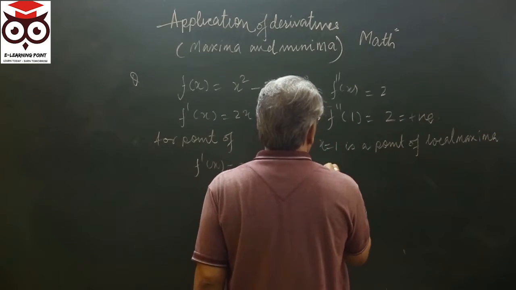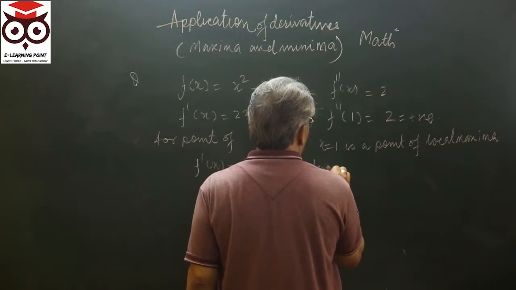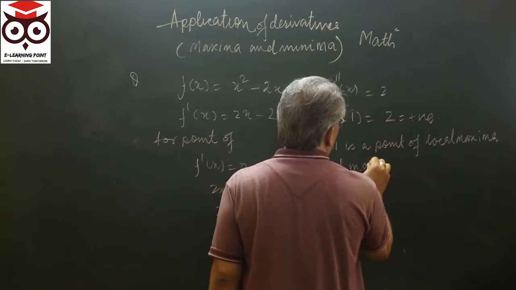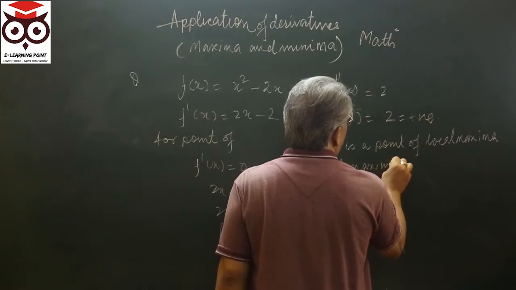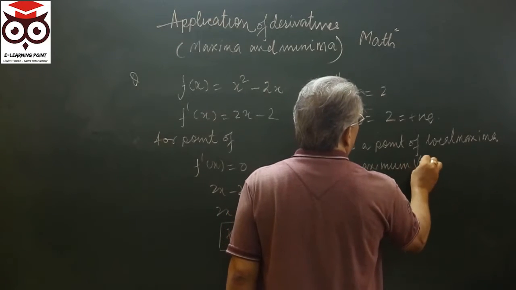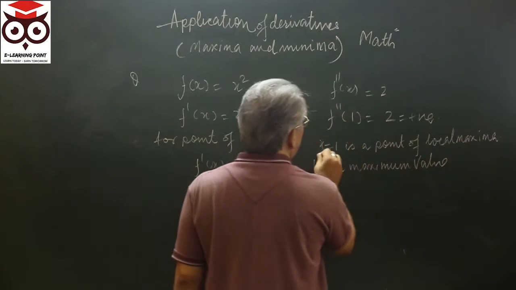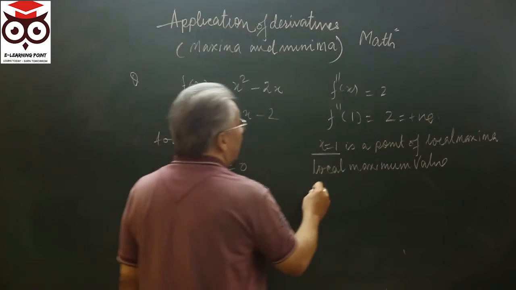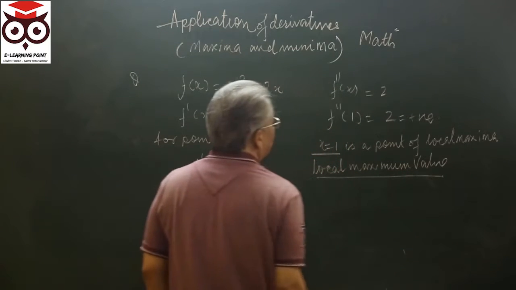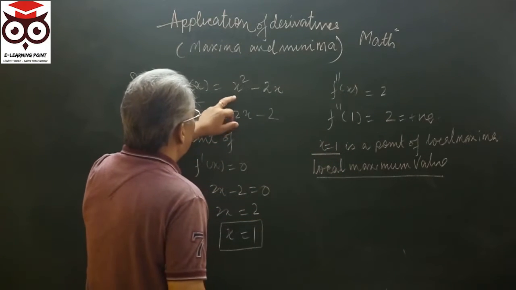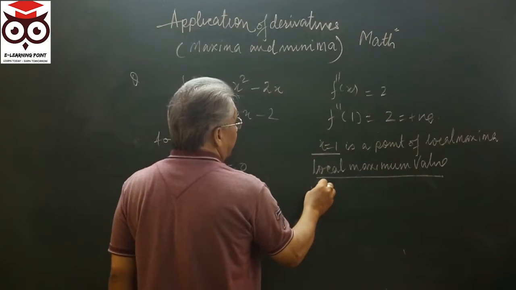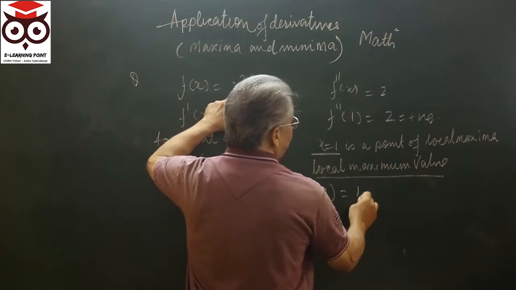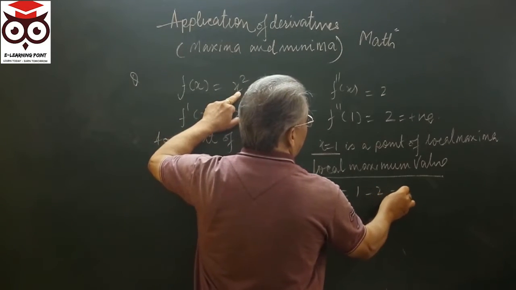Right? Now, how will we find the value of local maxima? Local maximum value. So we have found the point of local maxima. Now we want to find its value, so what will we do? We will put this point into the curve. This is 1, so f(1) is equal to this.